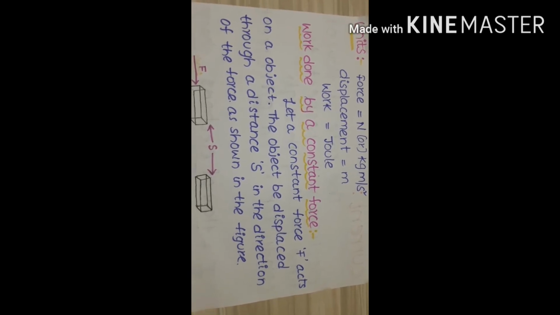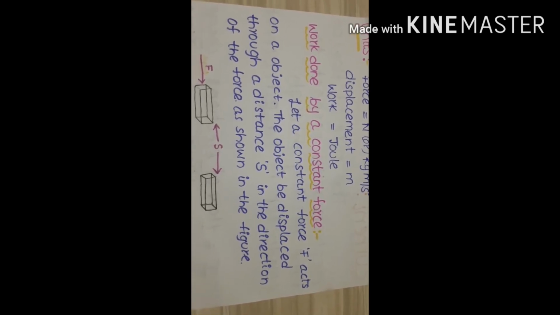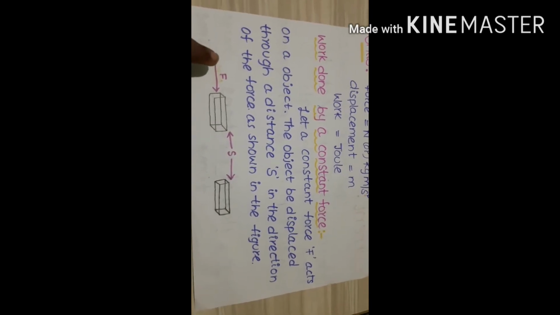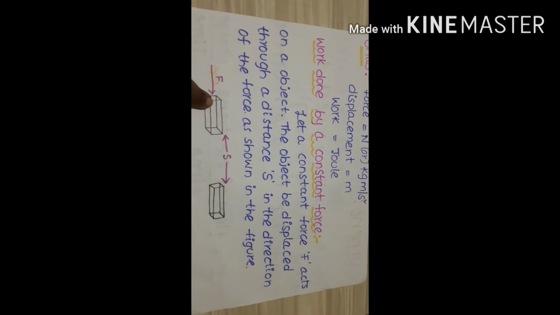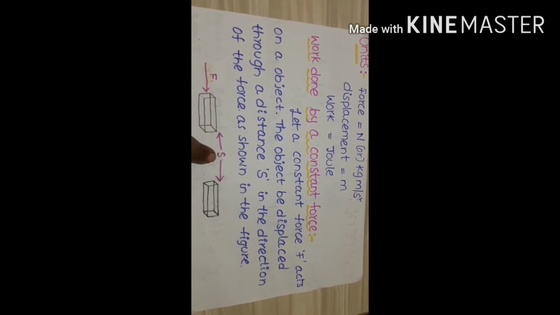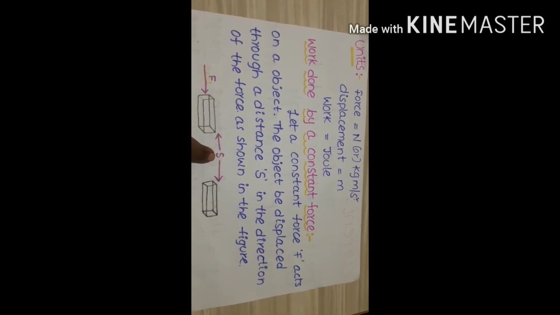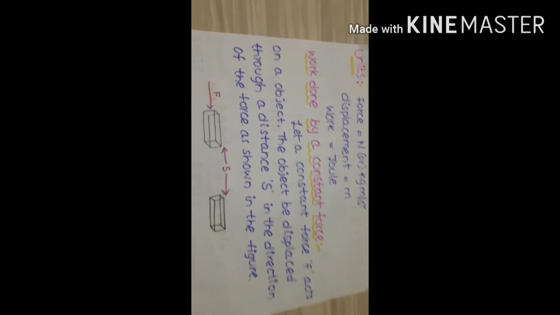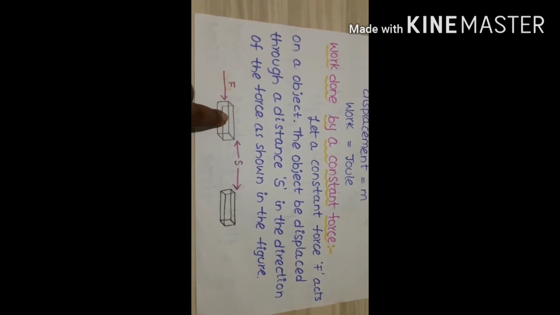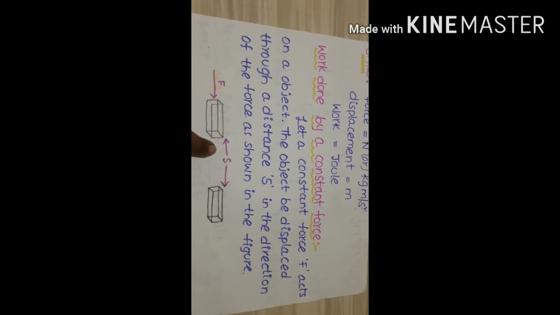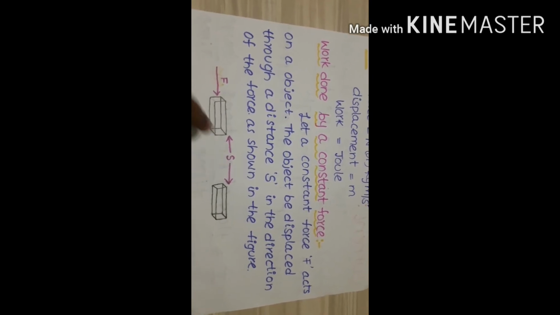Next topic, work done by a constant force. Let a constant force F act on a body. The object is displaced through the distance s in the direction of the force. As shown in the figure, this is a body with constant force F acting on it. It gets the displacement s.